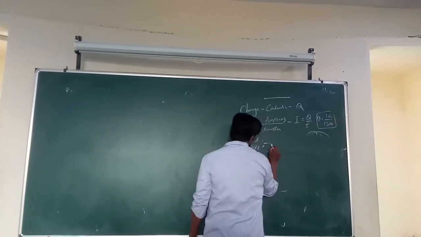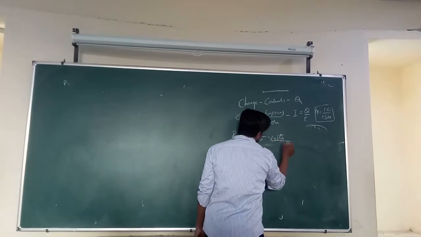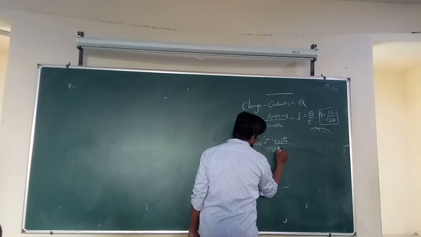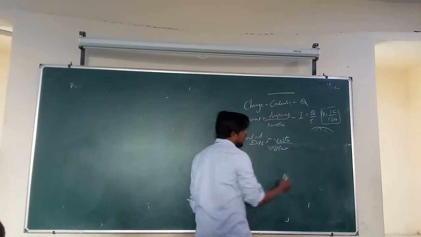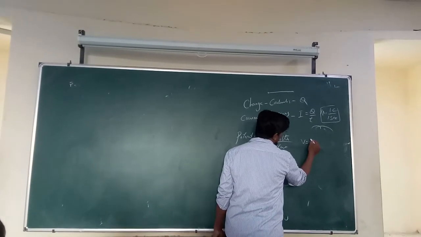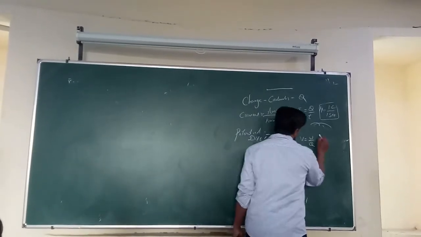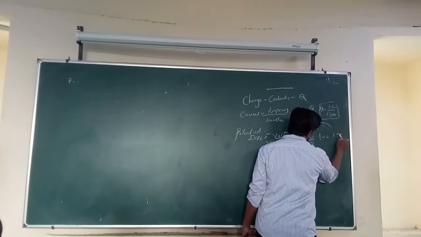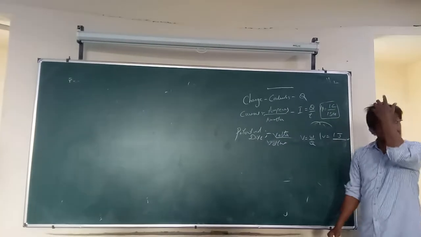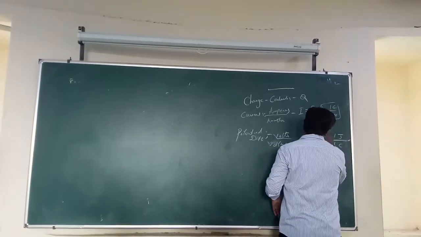Potential difference is measured in volts, and equipment used is voltmeter. So according to the definition, V is equal to work done W by Q. If I ask you how much is 1 volt, 1 volt is 1 joule, because joule is the unit for work done, by 1 coulomb.